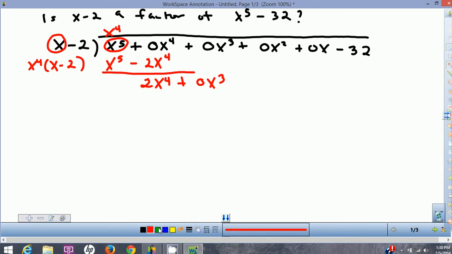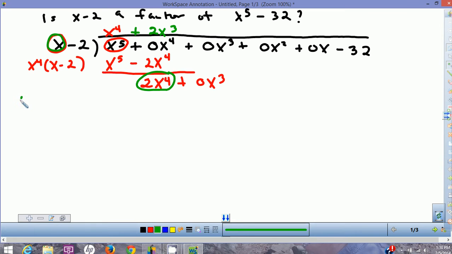And then we just repeat. How many times does x go into the first term that I have down here, 2x to the 4th? What would I have to multiply x by to get 2x to the 4th? Well, that would be 2x cubed.